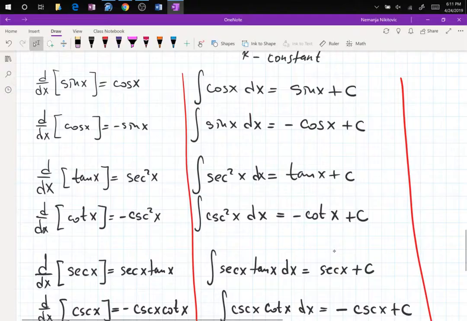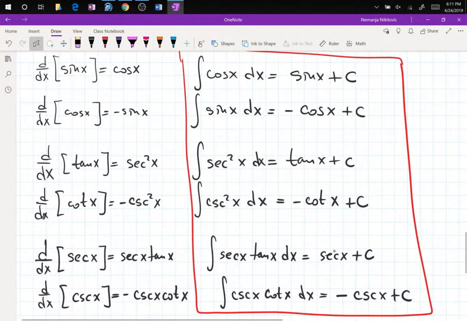You have the list of 6 integrals, and only 2 of those are basic in the sense that you guys are used to: the integral of sine and the integral of cosine. The rest, secant squared, secant tangent, and cosecant cotangent, none of those are just basic. Now, are we ever going to talk about the integral of tangent x? Yes, but not until we get to 5.5. Are we ever going to talk about the integral of secant x?